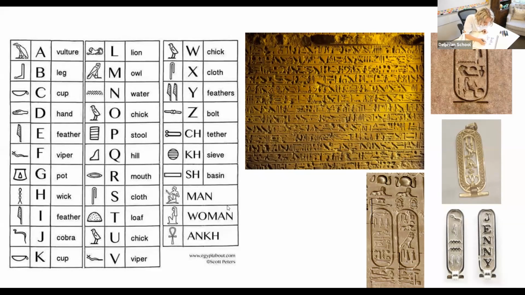But the good news is that the cup for C and for K is kind of the same shape. So that's great. And then a vulture. And my vulture is going to look a little different than that vulture. But I'm going to make sure his beak is pointing the right way.